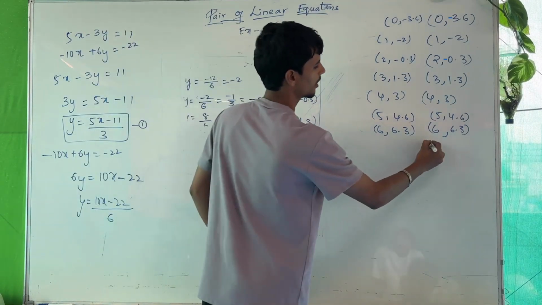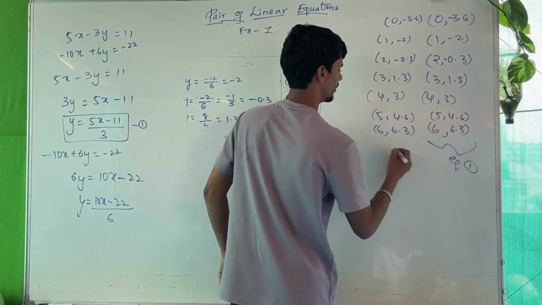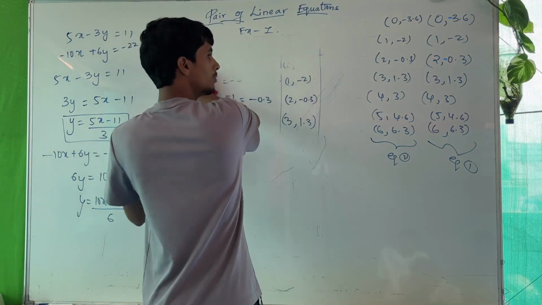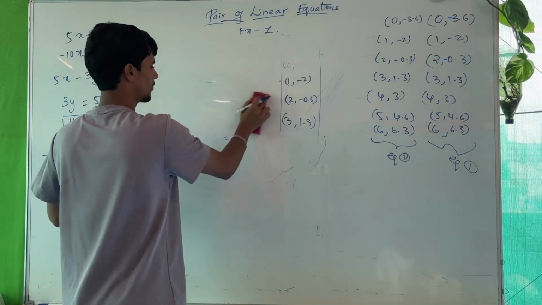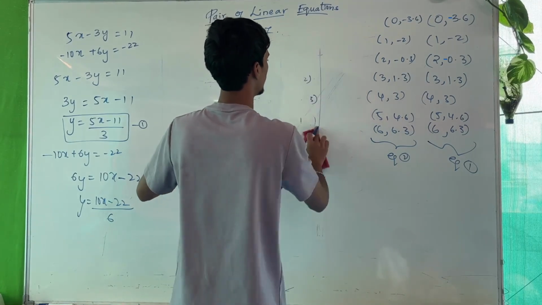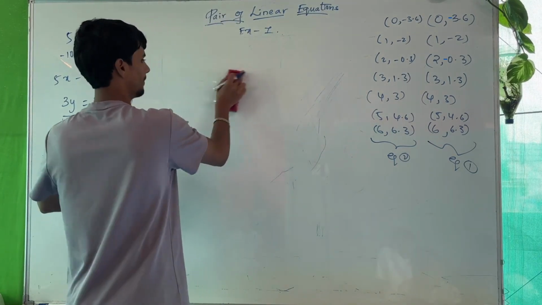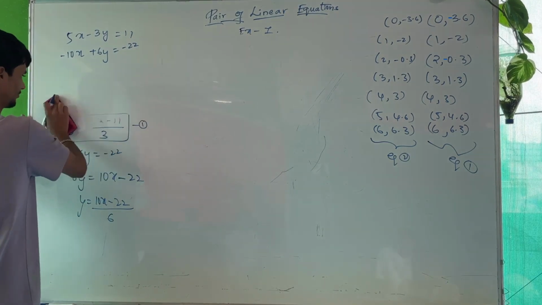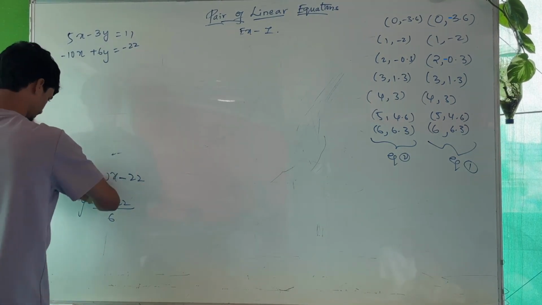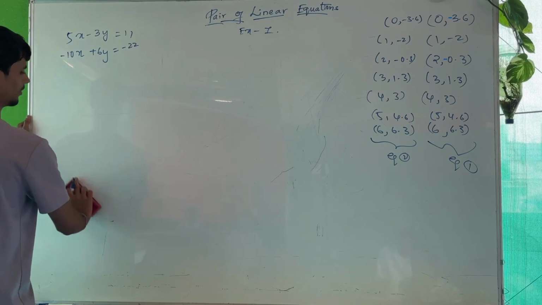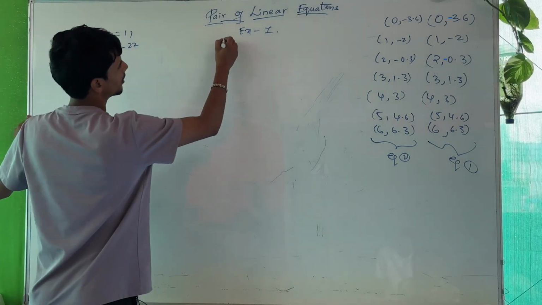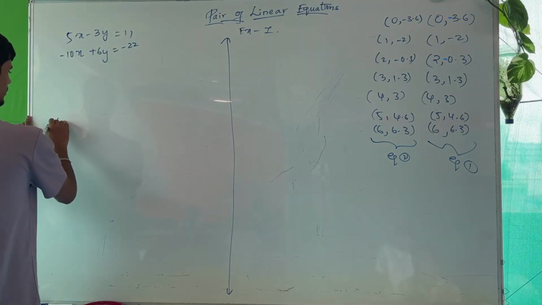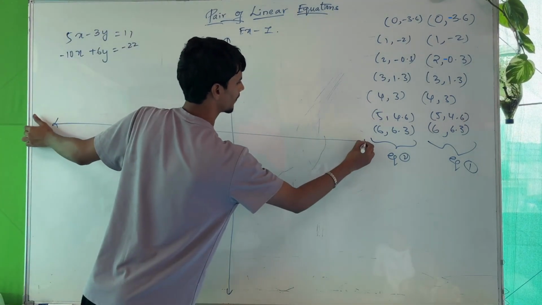This is equation 1, this is equation 2. These are the solutions for equation 2, and these are the solutions for equation 1. So now let us plot the points. First, draw the y-axis and the x-axis.